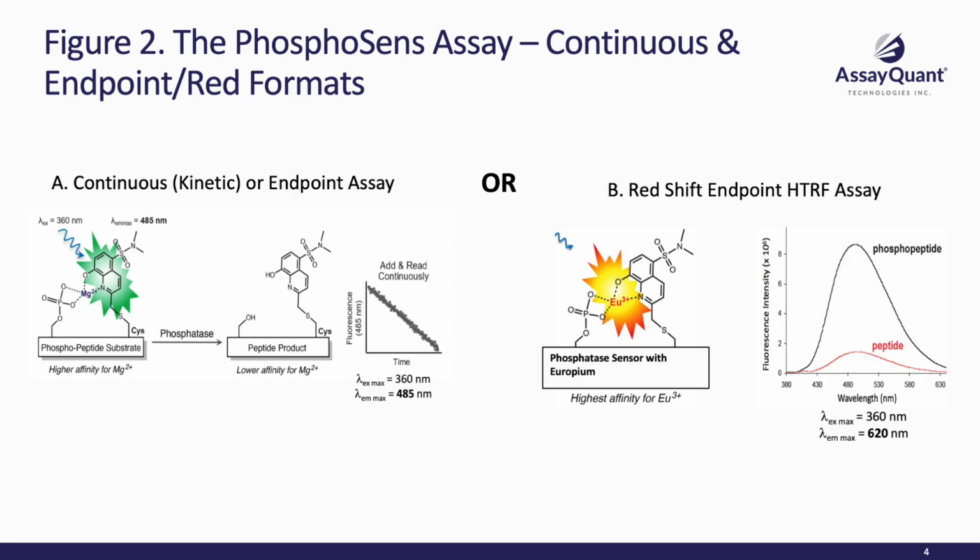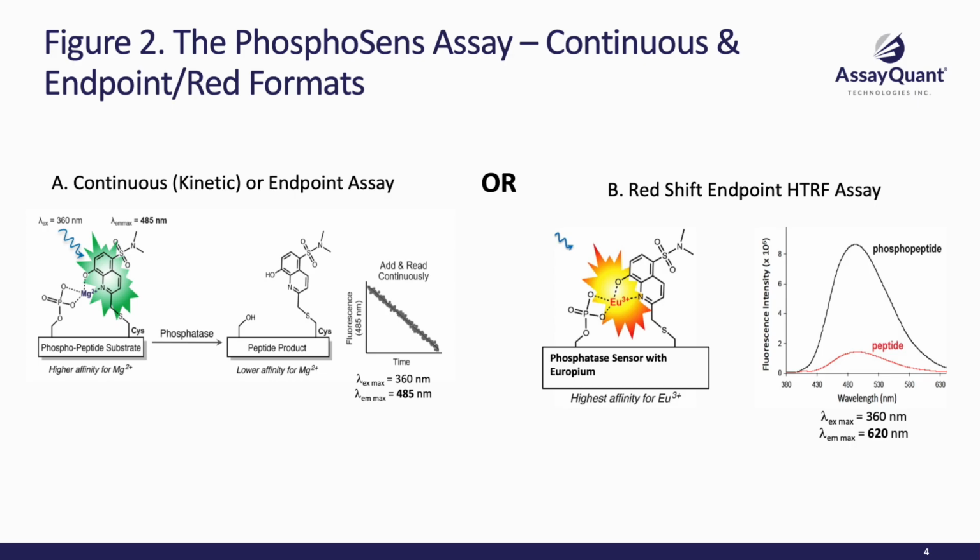This substrate has inherent fluorescence, which decreases over time when it is dephosphorylated by a phosphatase in the presence of magnesium. This decrease in signal can be monitored kinetically over time, which also allows rates to be determined, or it can be used to calculate a signal to background for an endpoint assay.